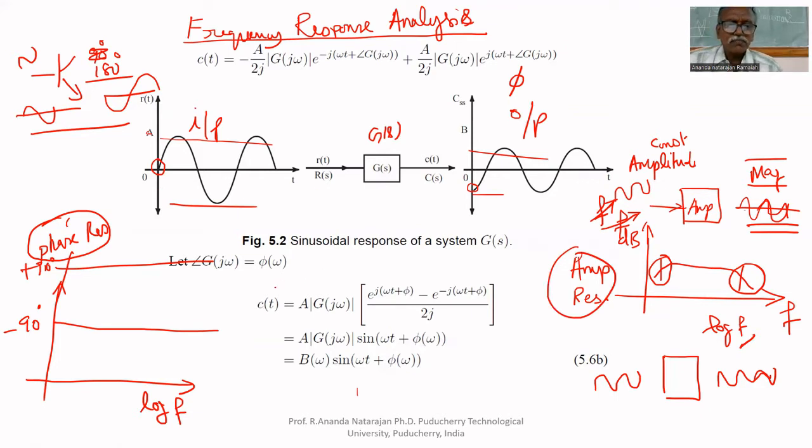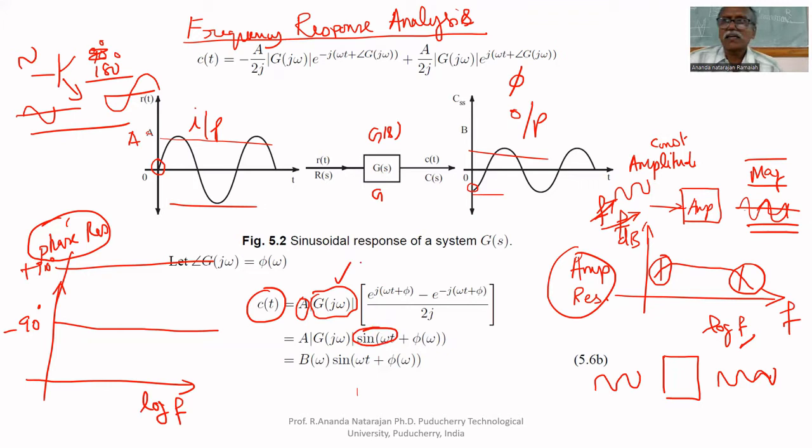What is the output? The output c(t): the input amplitude is A, multiplied by, suppose you are assuming it as an amplifier of gain G, the modulus of G(j omega). The input is sine omega t, and the output is also sine omega t.